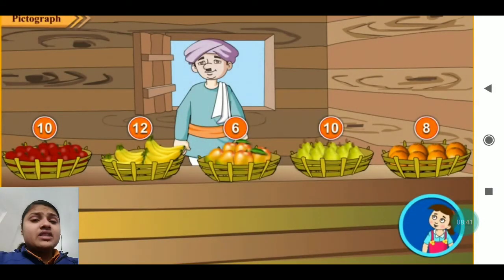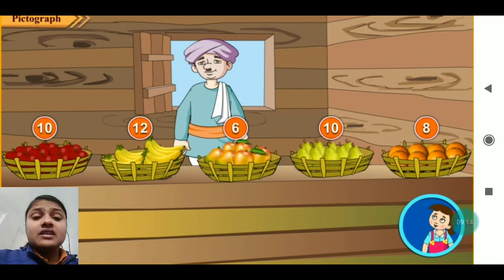Now here we are with some fruits. I think everyone loves to eat fruits. See, he is a fruit seller and he is selling different kinds of fruit. Some apples are there, some bananas, some mangoes, some guavas, and some oranges are there. Okay, and the number of things is already mentioned. 10 apples are there, 12 bananas, 6 mangoes, 10 guavas, and 8 oranges are there.